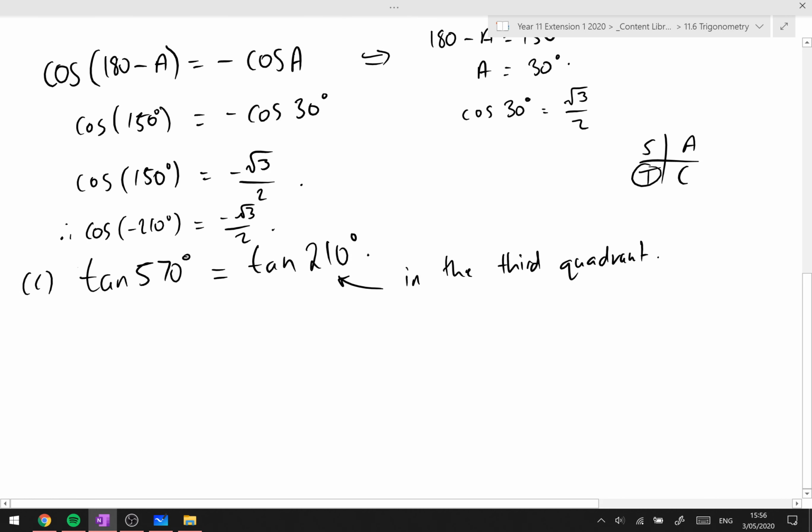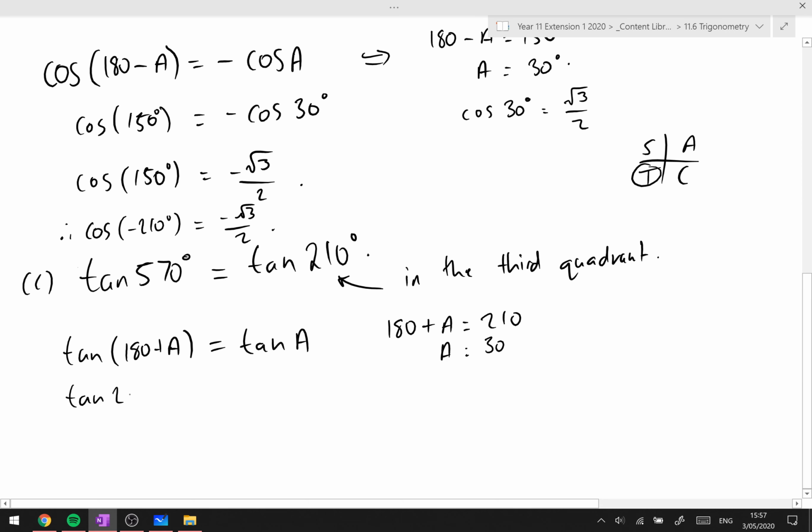So tan of 210 degrees is in the third quadrant. It's going to be positive. In the third quadrant, my rule is tan of 180 plus the angle is equal to the positive of tan of that angle. So in other words, I'm asking 180 plus what is equal to 210, and hopefully we get that A is equal to 30. So tan of 210 is equal to tan of 30 degrees.